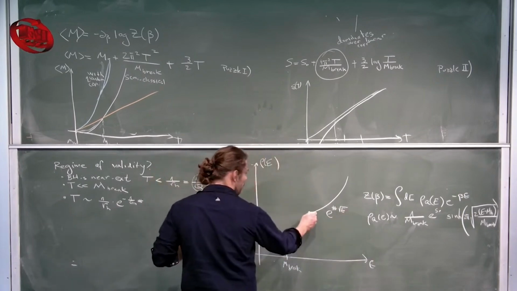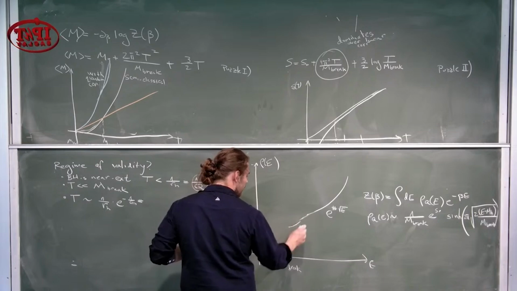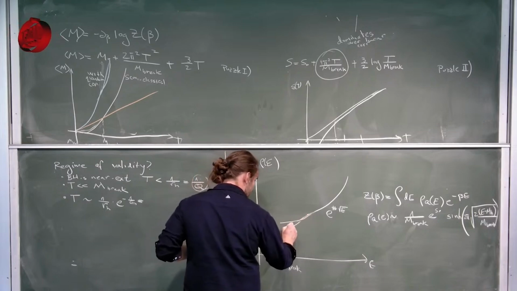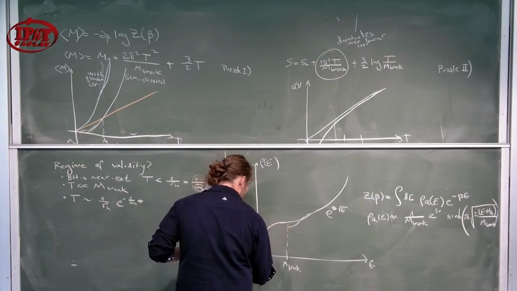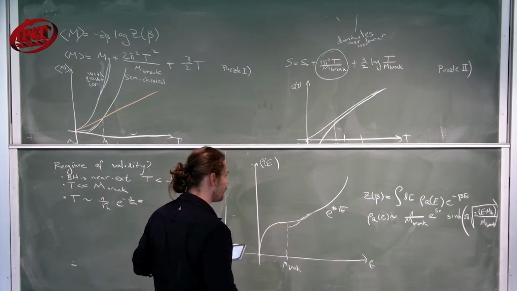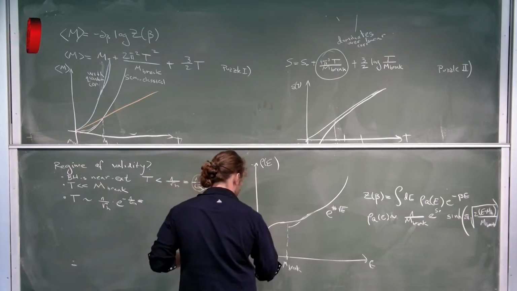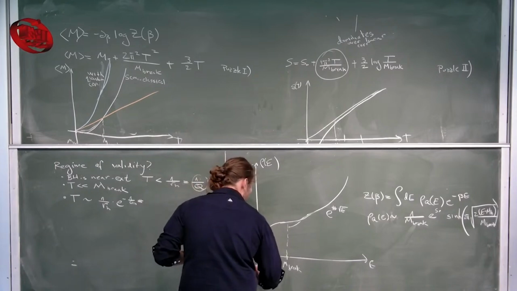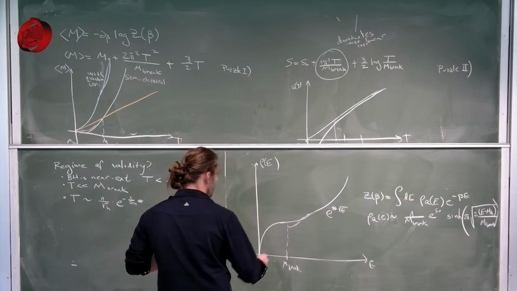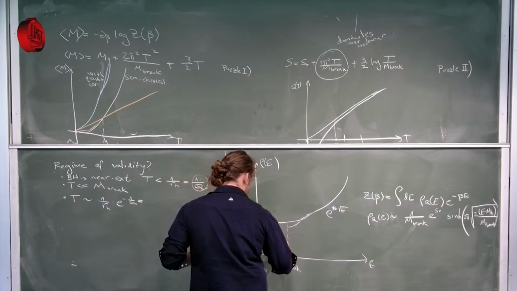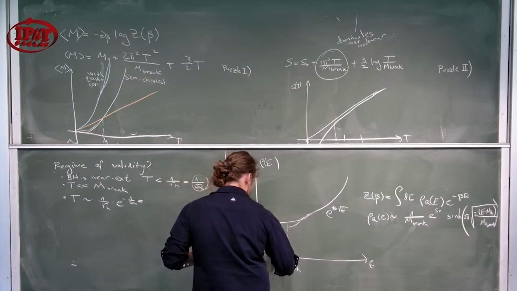However, as we approach extremality, the density of states goes to 0, and eventually, in the regime close to E equal M naught, which is the origin of this axis, the density of states behaves like square root of E minus M naught.